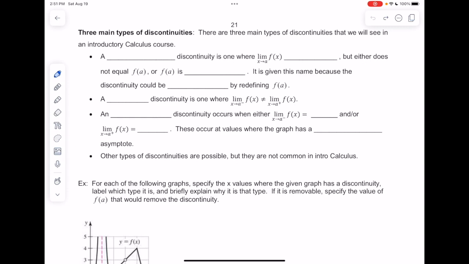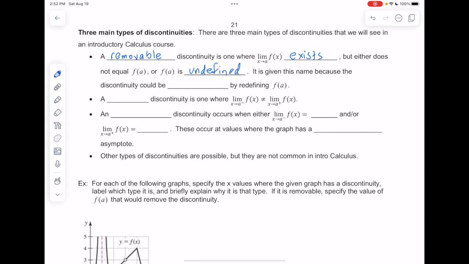The first one is known as a removable discontinuity. And that's one where the limit as x approaches a of f of x exists, which is important for continuity, right? But it either does not equal f of a or f of a itself is undefined.